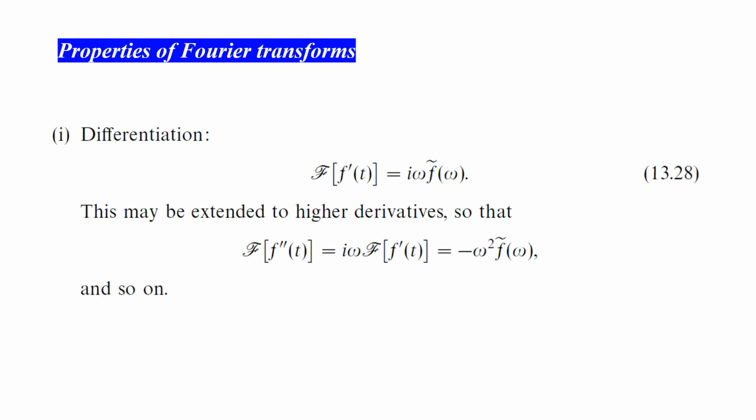The first property is differentiation. So the Fourier transform of f prime of t is equal to i omega times the Fourier transform. This may be extended to higher derivatives so that the Fourier transform of f double prime of t is equal to i omega times the Fourier transform of f prime of t, which is equal to negative omega squared times the Fourier transform, and so on.